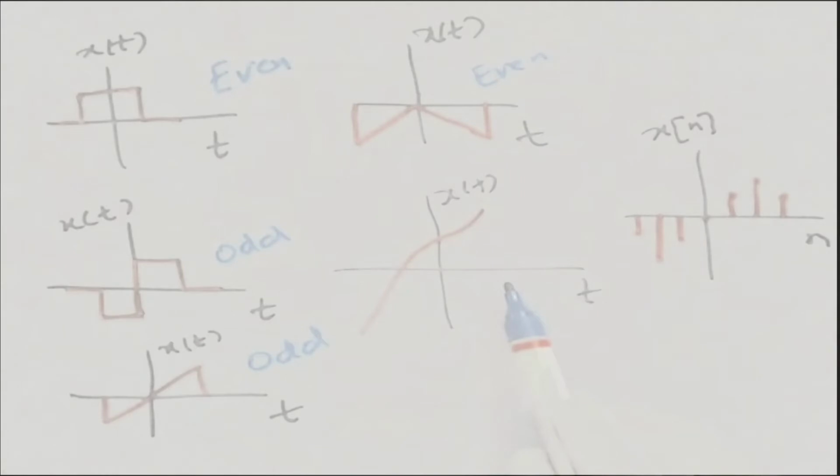This fifth one, if you look into the graph and you try to flip this about the vertical axis, the signal will be something like this. And if you flip this about the origin, flipping this about the origin will not give the same signal.